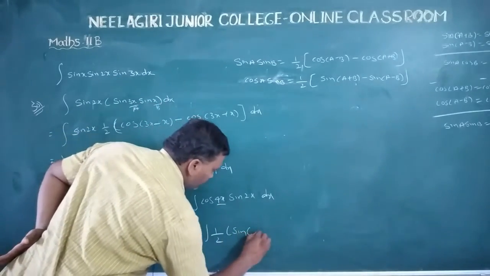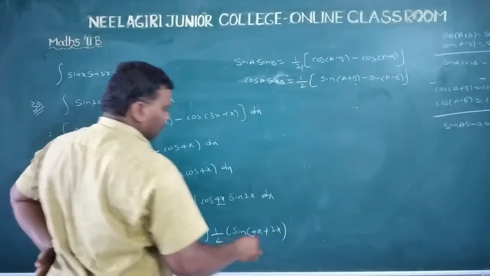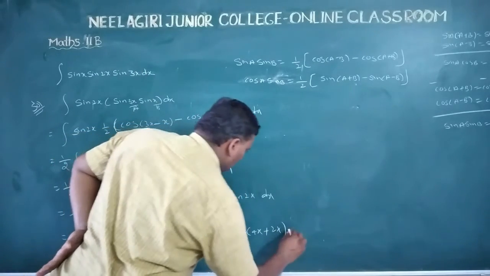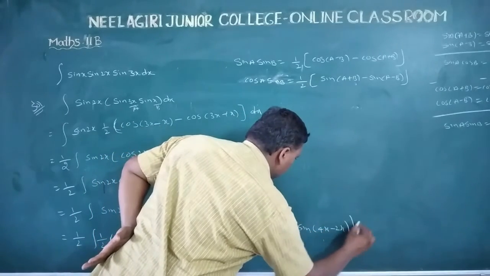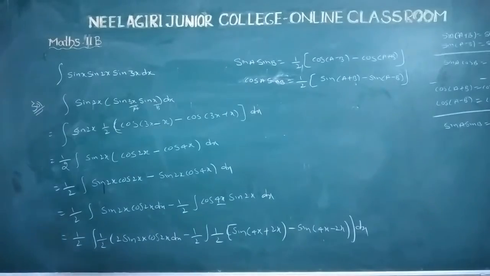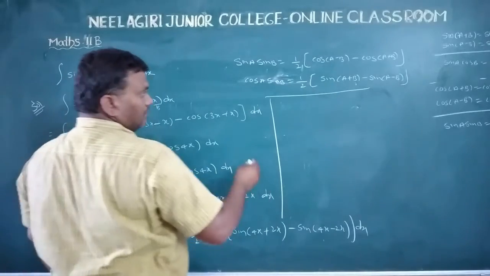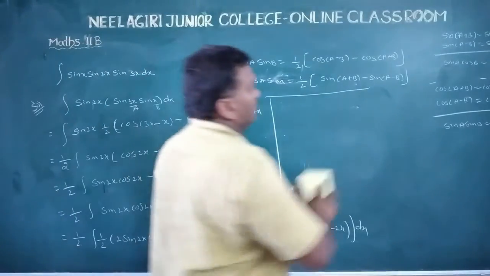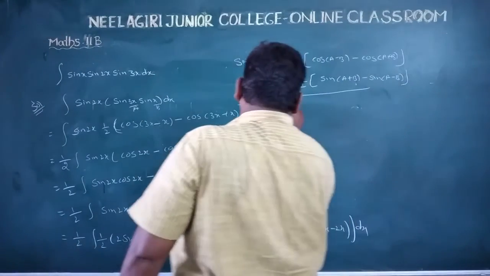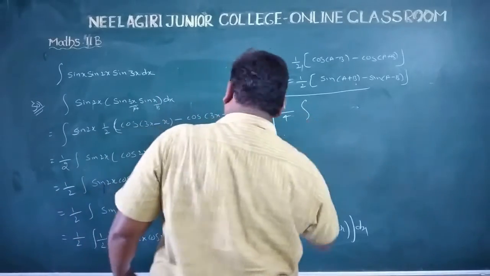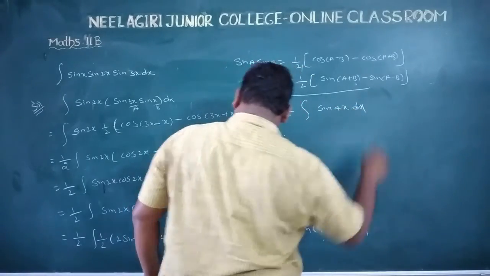A is equal to 4x, b is equal to 2x, so sin of 4x plus 2x minus sin of 4x minus 2x dx. This is equal to 1 by 4 into integration of 2 sin a cos a is equal to sin 2a, nothing but sin 4x dx.